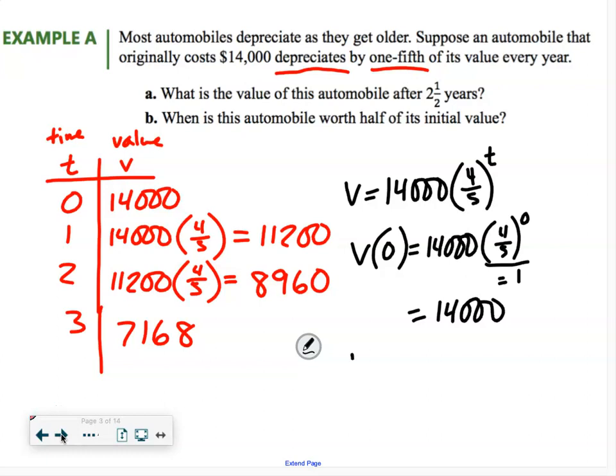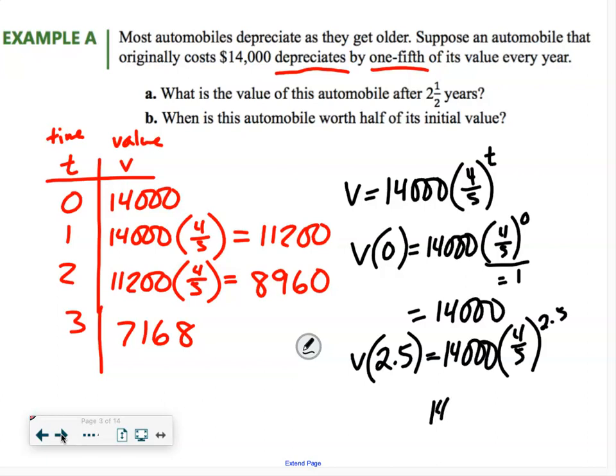If we wanted v of 2.5, which is what question A asks for, it would be 14,000 times 4/5 to the 2.5. For this, you just plug it in your calculator, 14,000 times 4/5. Remember that caret button? So when I'm typing in my calculator, this would be 14,000 times 4/5, and then I'd hit the caret button, and then I'd put 2.5.